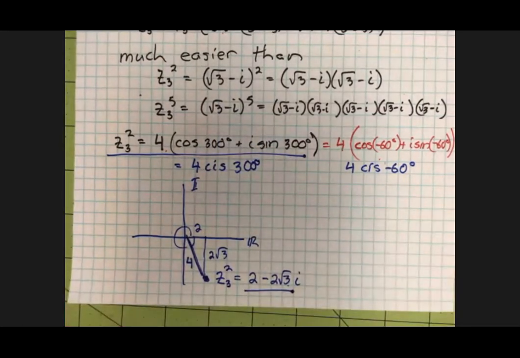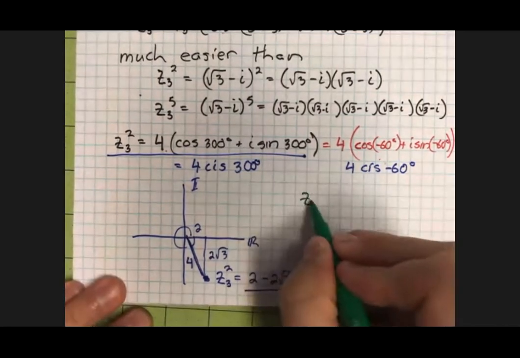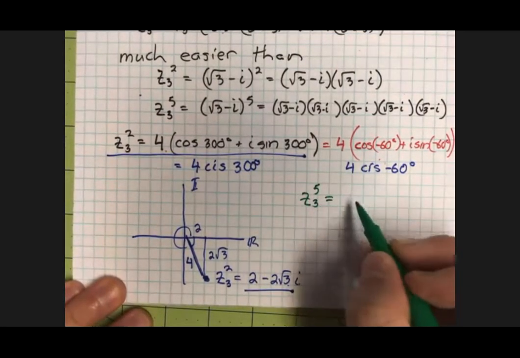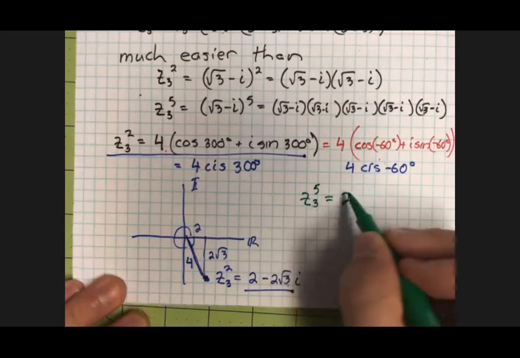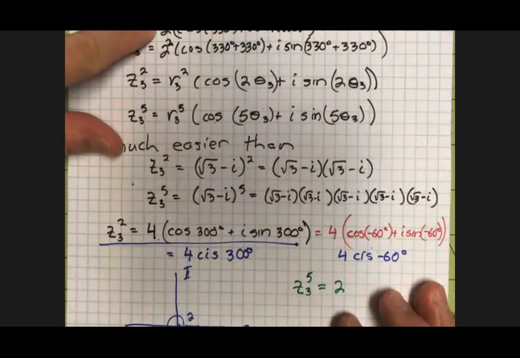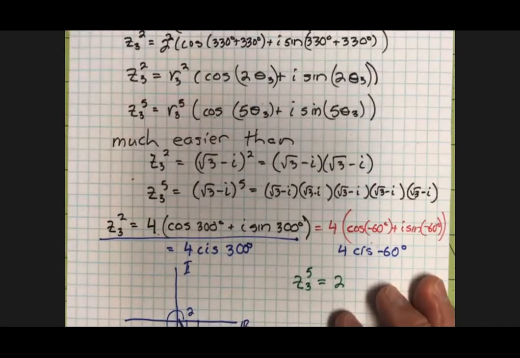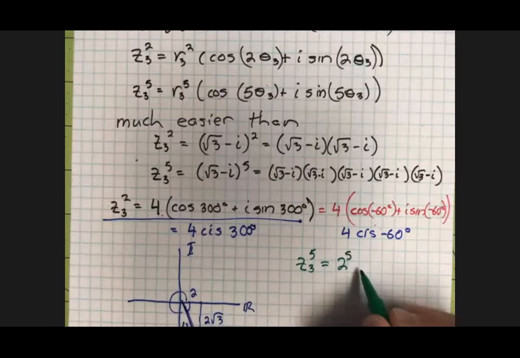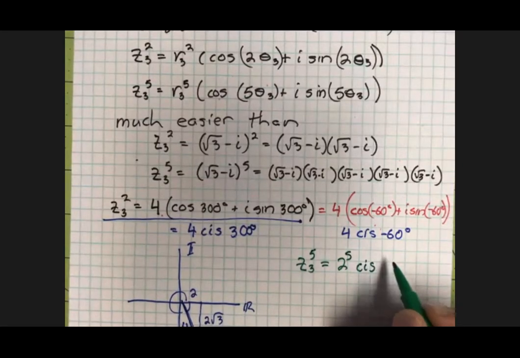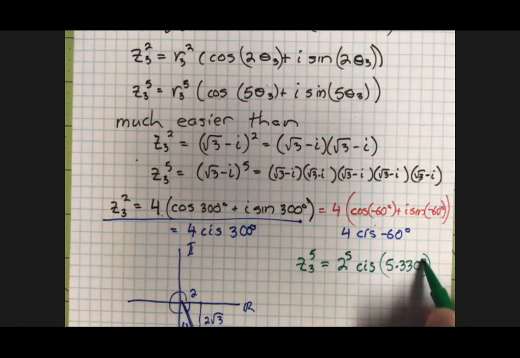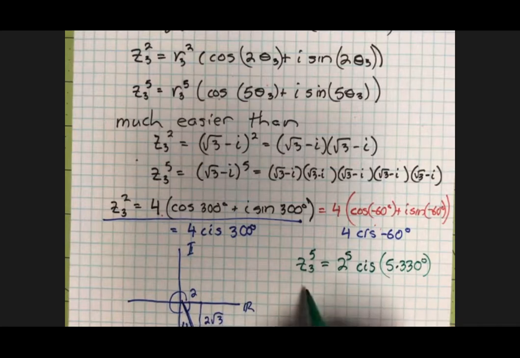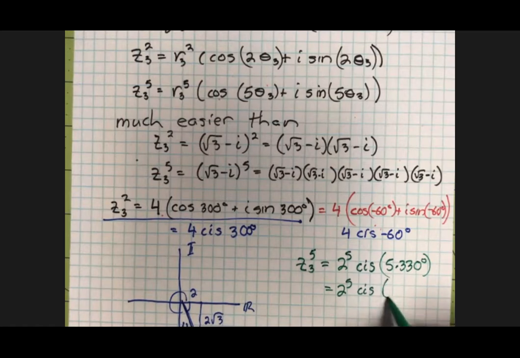Before we do that, let's also prepare to check the fifth power. What's going to be the fifth power of z cubed? Well, z is made out of 2 cosine 330 plus i sine 330. I'm going to say 2 to the fifth, cis 5 times 330. The 5 times 330 is a pain. I think in that case I might rather want to say 5 times minus 60, which is negative 300.